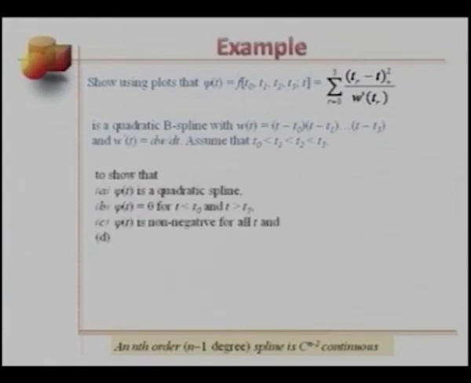We need to show that psi of t is a quadratic spline, and that psi of t is equal to 0 for values of t not lying in the range t0 to t3. The fact that psi of t is non-negative is what we'll see in the next lecture, and that psi of t is standardized, that is, the integral from t0 to t3 of psi of t dt is equal to 1 over 3.